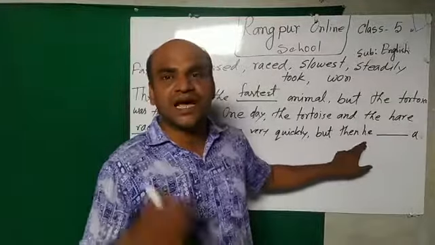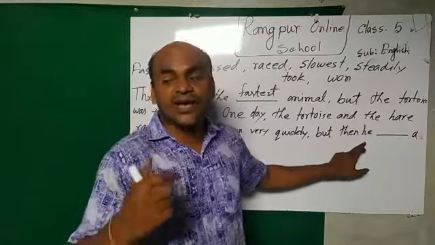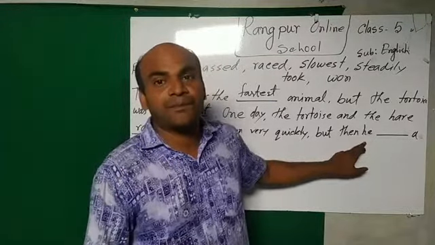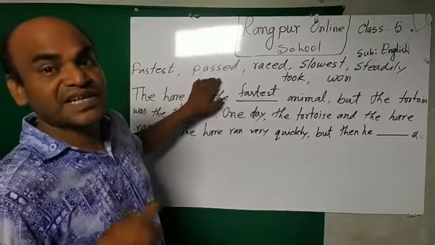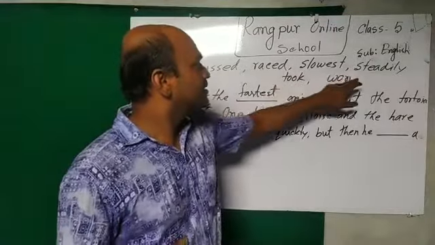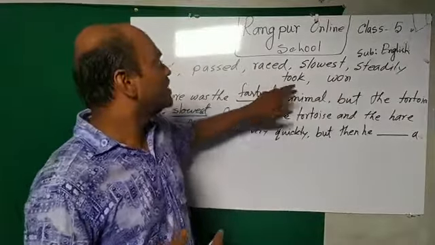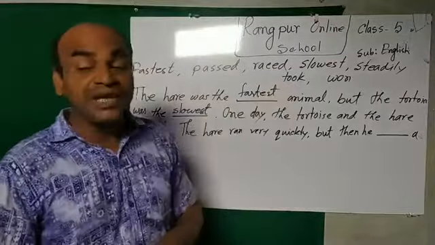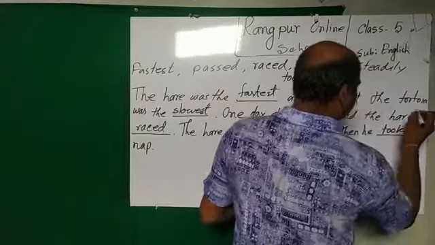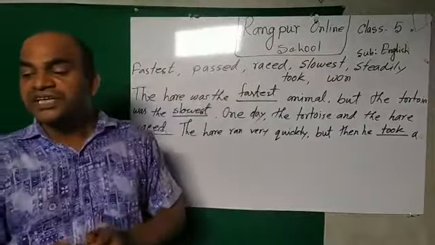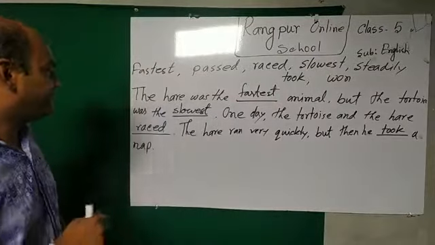This is a subject, and you need to put a verb which will be here. Past. He passed a nap. He owned a nap, or he took a nap. He took a nap.